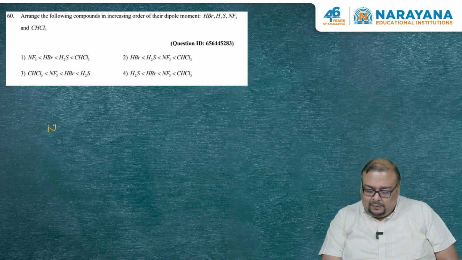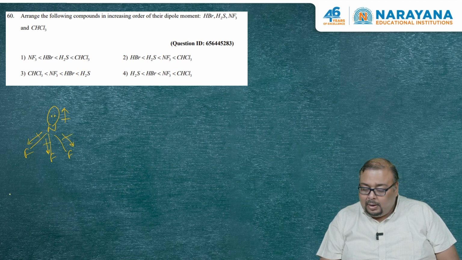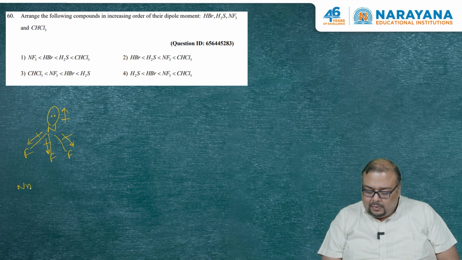Now you see in case of NF3, the lone pair dipole moment will be cancelling out the N-F dipole moments. So naturally NF3 should have the least dipole moment. While in case of CHCl3, the dipole moments will be supporting each other.